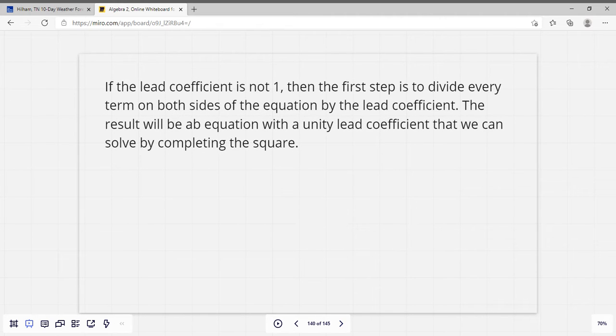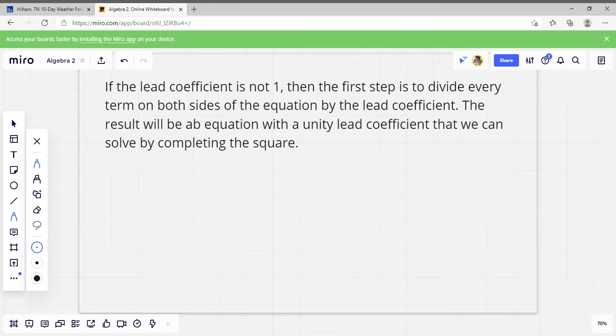If the lead coefficient is not 1, then the first step is to divide every term on both sides of the equation by the lead coefficient. The result will be an equation with a unity lead coefficient that we can solve for by completing the square. So if we've got 4x squared plus 3x minus 2, here's our lead coefficient.